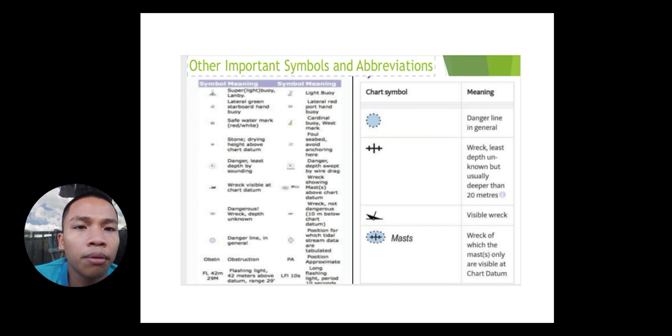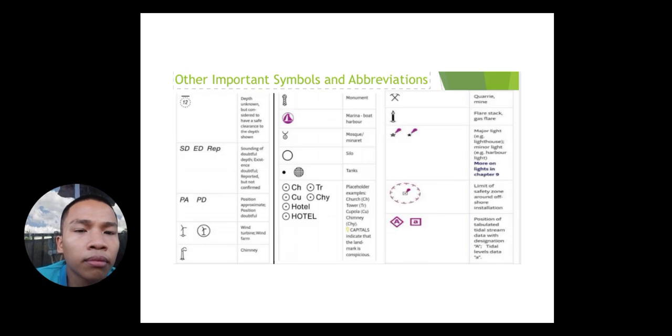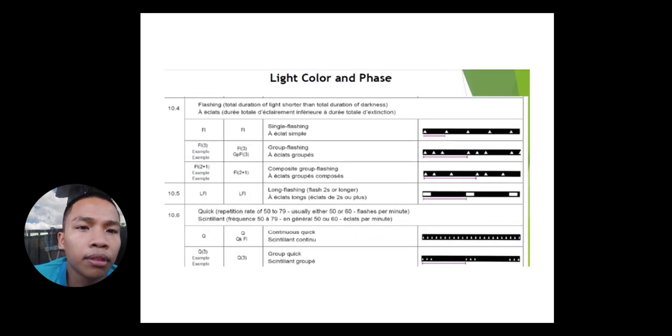These are also the other important symbols and abbreviations: the church, hotel. This is the light, color, and phase.